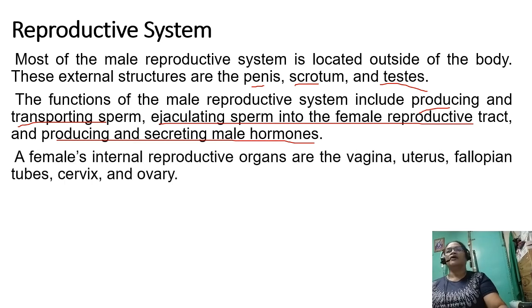Next, the female internal reproductive organs are the vagina, uterus, fallopian tubes, cervix, and the ovary.